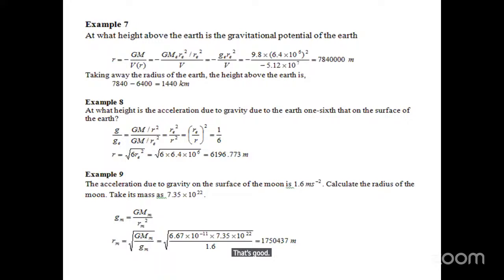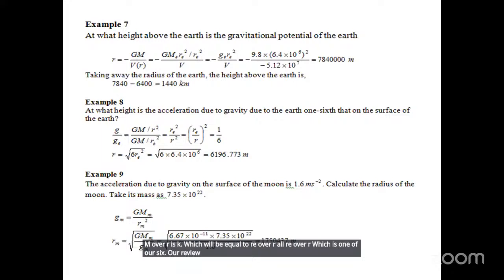So g will be GM over r squared, while g_E is GM over R_E squared. So g over g_E will be R_E over r all squared, which is 1/6. So r will be equal to the square root of 6 times R_E.